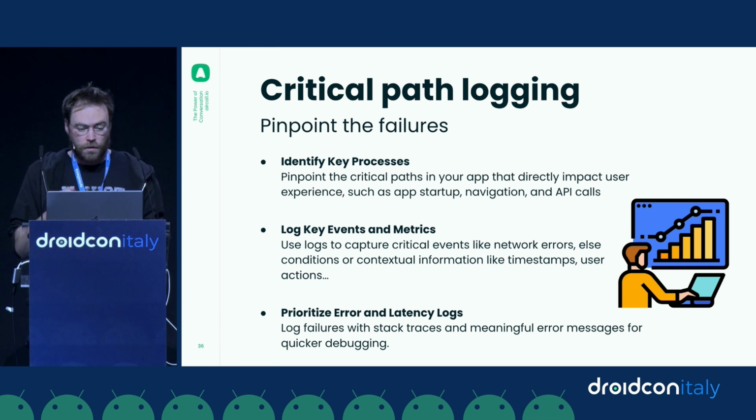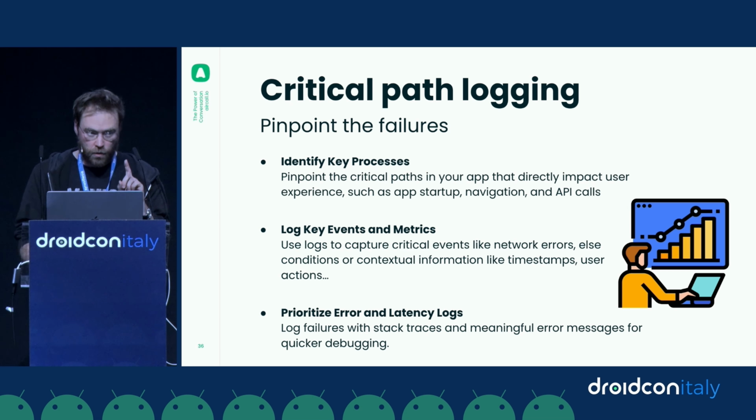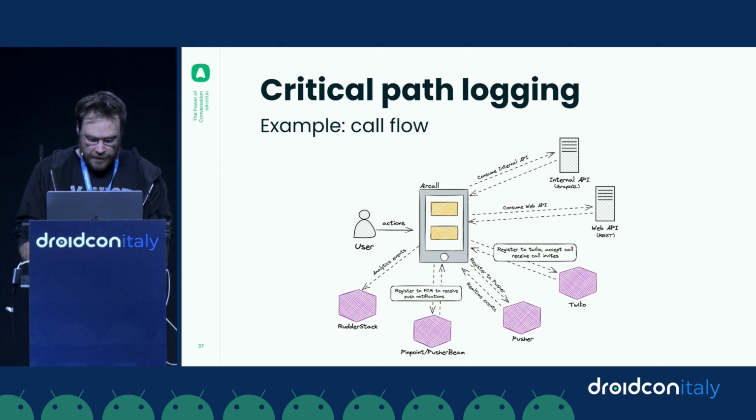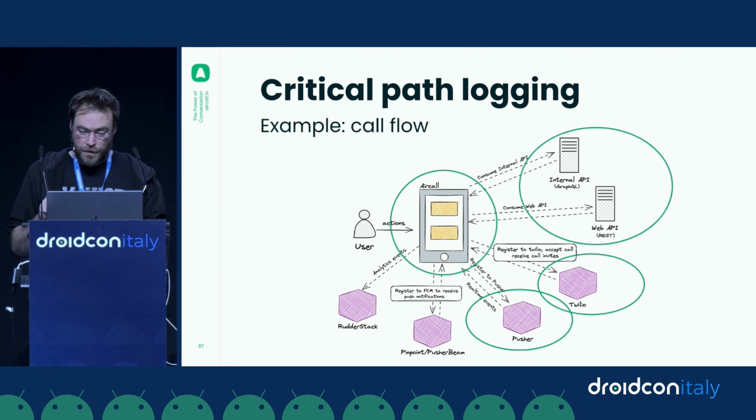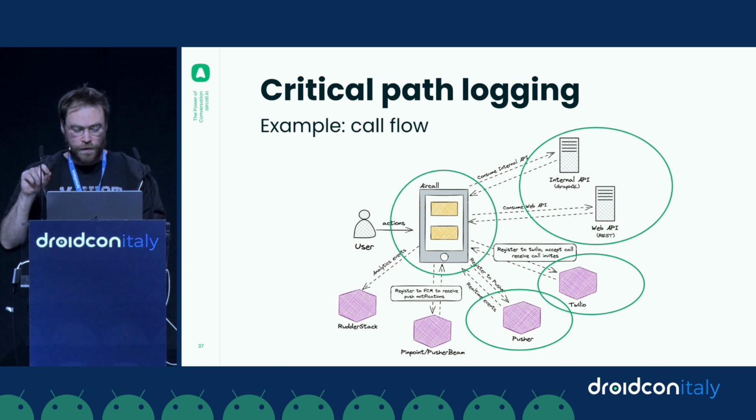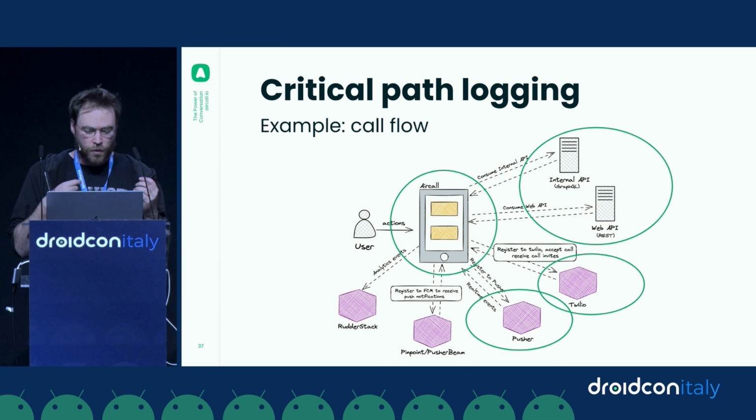Once you identify the key things inside your critical path, you start monitoring all the relevant things. For example, our call flow at Aircall comes with lots of things. We have third-party libraries with Twilio, and Pusher for real-time communication.